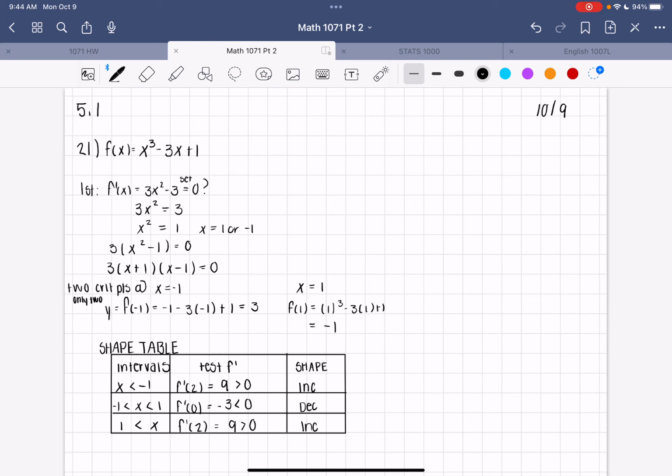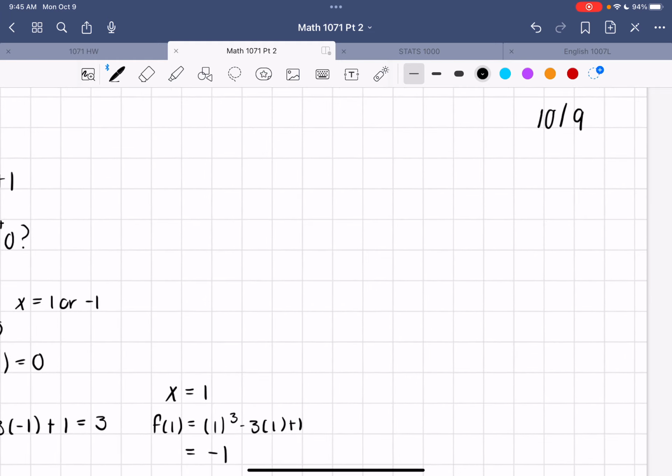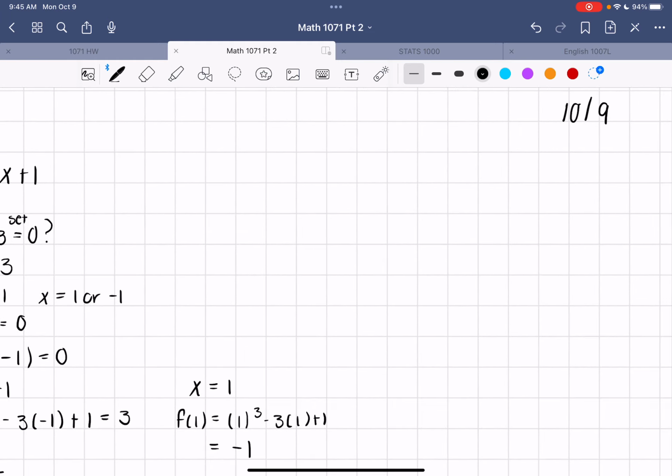So there's no absolute minimum. Some books say global instead of absolute, and I might slip and say global. It means the same thing as absolute.